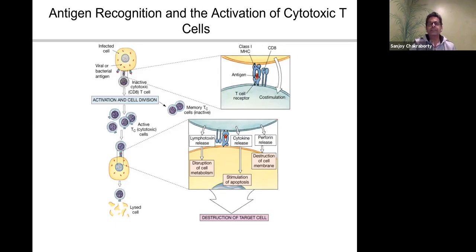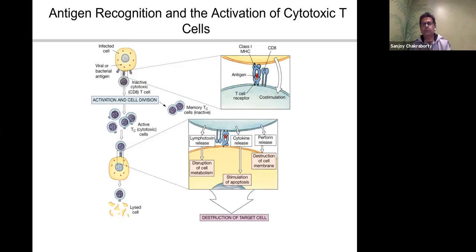So there is a step called co-stimulation. The CD8 marker is going to send a lot of signaling molecules, signal transduction, which you're going to learn in upper level classes. They send the signaling molecules to make sure that it is infected.